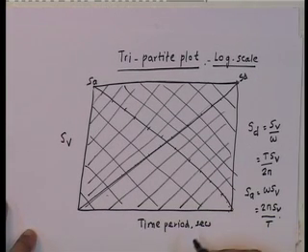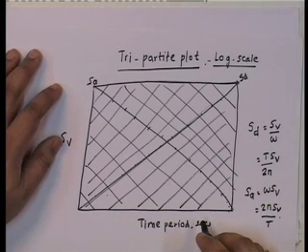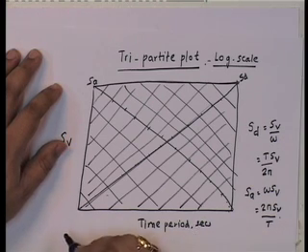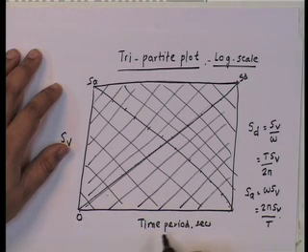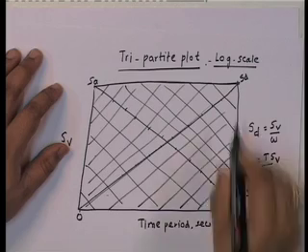Now there are certain interesting things that happen. If you were to look at this one, what will happen at time period T equal to 0, well, almost 0, because this is a log scale.